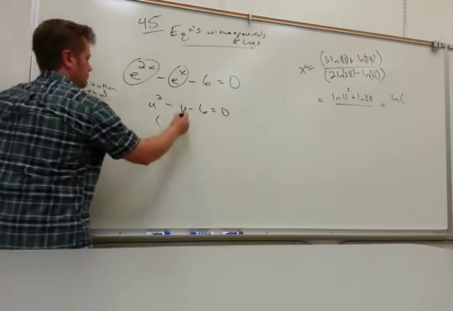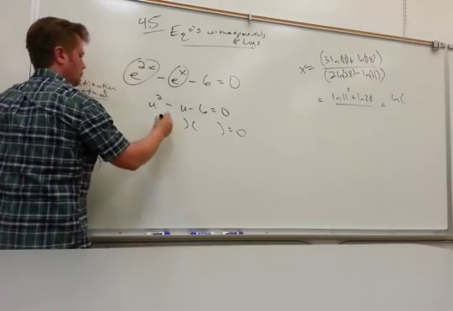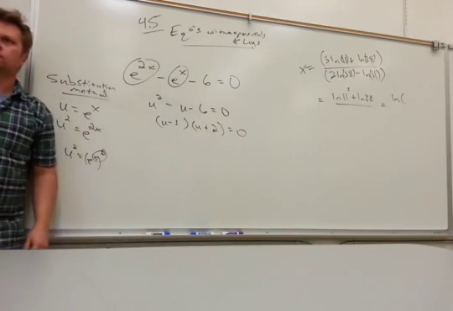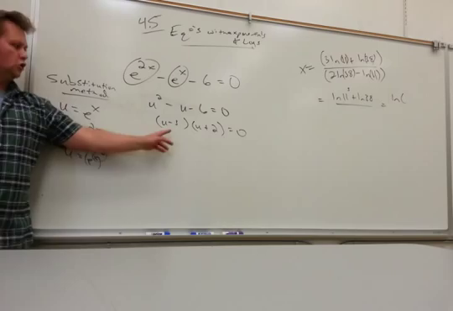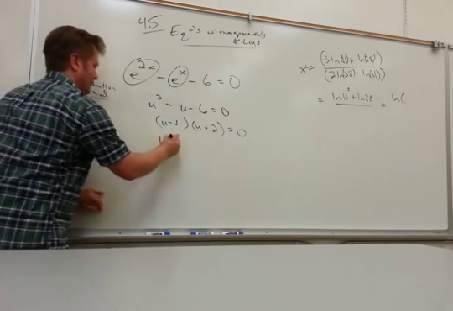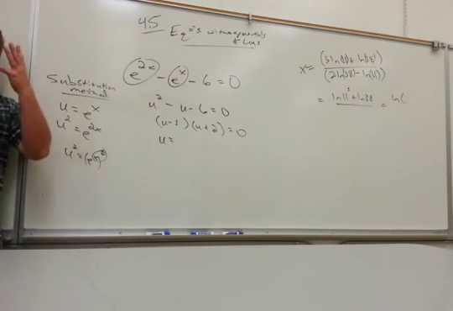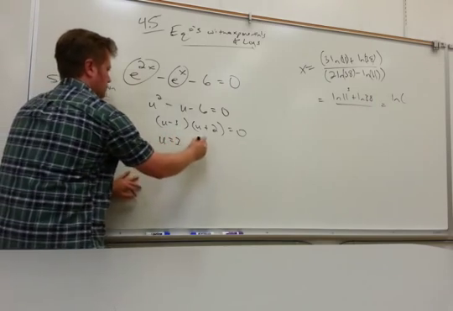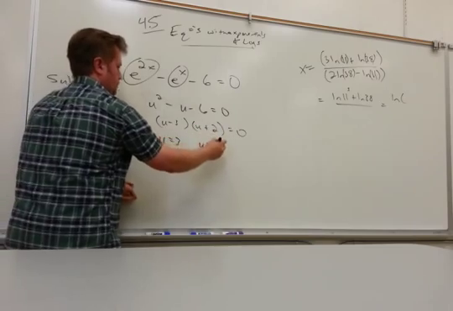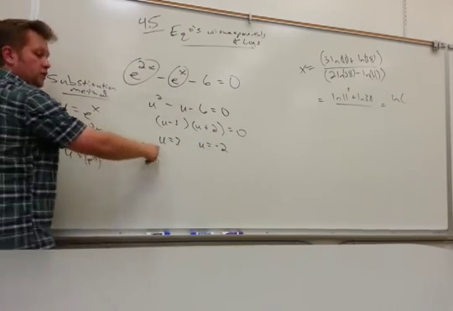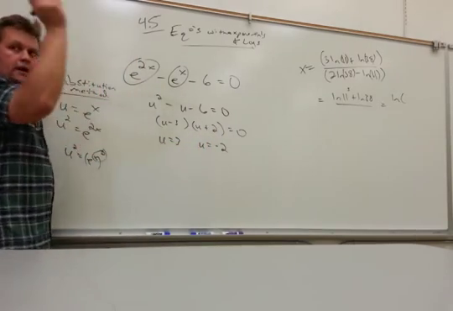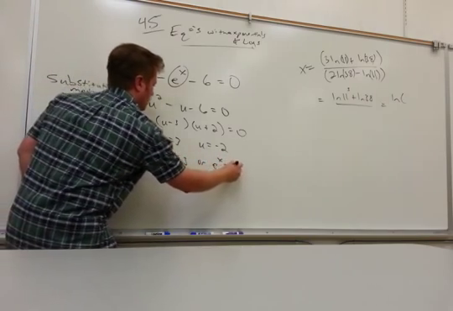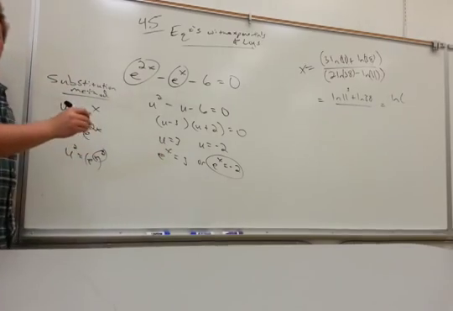How do you factor this? That's right. So u is, of course, whenever you use substitution method, my grammar goes to hell. It sounds like u is 3, or u is negative 2. So what's u exactly? You better bring back in e to the x. e to the x equals negative 2 cannot work.